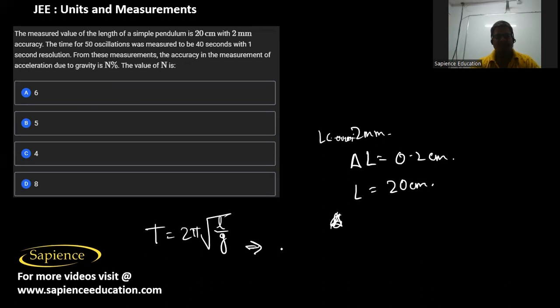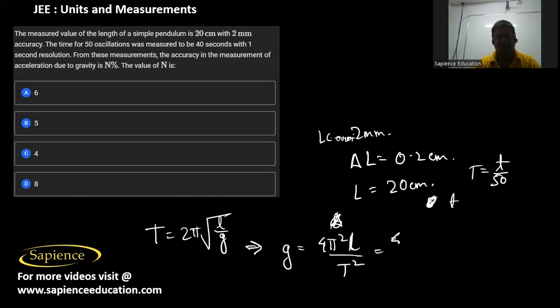So from here we can say that G equals 4 pi square L by T square. Now 50 oscillations means the time period will be T by 50 if T is the time for 50 oscillations.